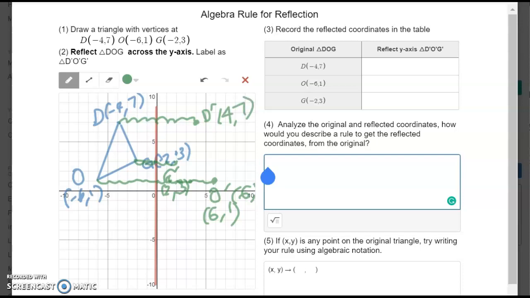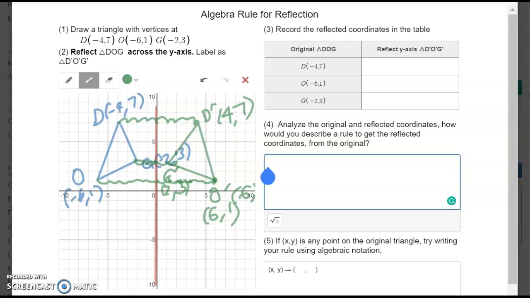Okay, then I can draw my lines. Here we go. Okay, and then from here to there, then from here to there. Okay, so that's my reflected triangle.